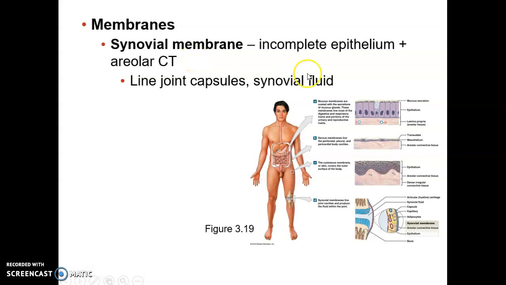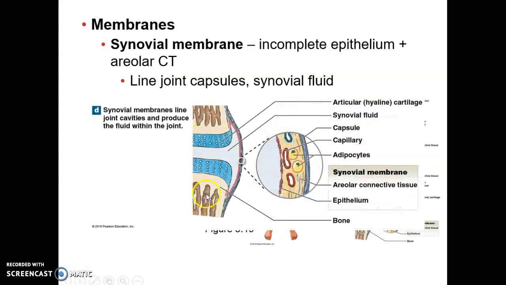So incomplete epithelium and underlying areolar connective tissue make up our synovial membranes. They line our joint capsules and produce synovial fluid. So this is zooming into, let's say, your knee joint. There's your hyaline articular cartilage, and that's the bone, your thigh bone and your shin bone, femur and tibia.